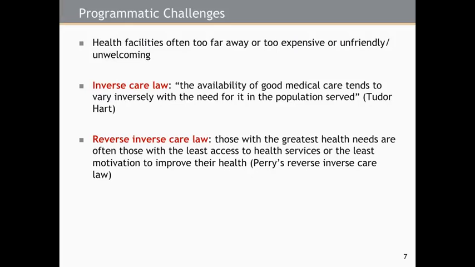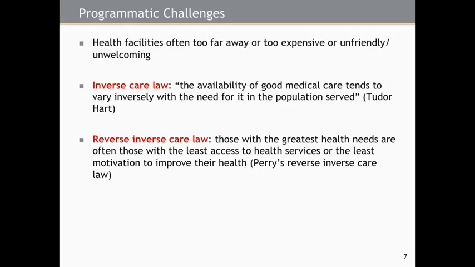You may not have heard of one of my favorite articles, and it's cited from time to time, and I have the reference for this at the end of the PowerPoint here. Tudor Hart wrote in The Lancet in 1971 a very interesting article, which he calls the inverse care law.